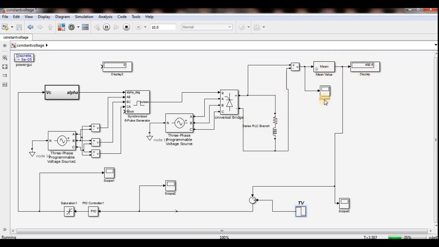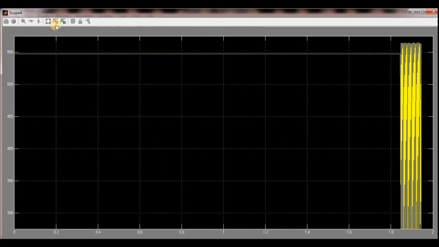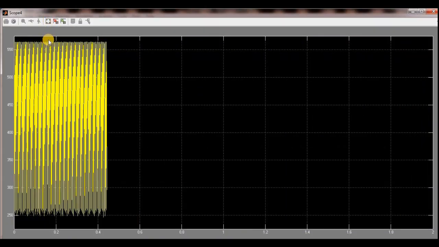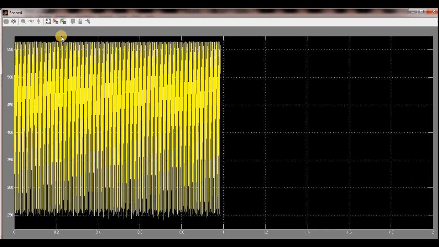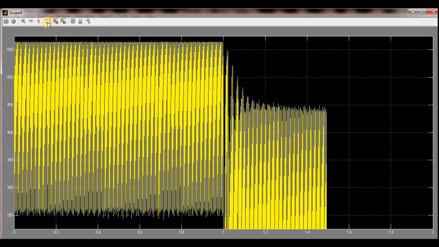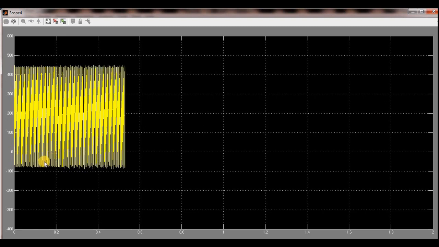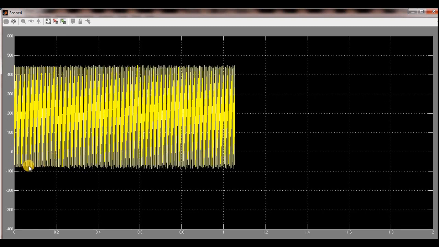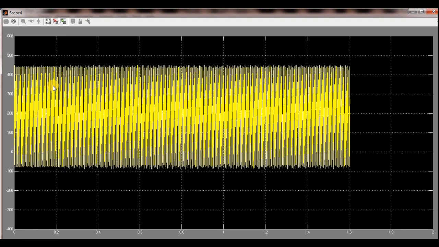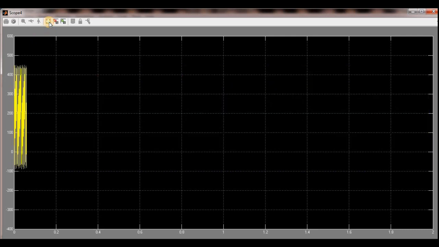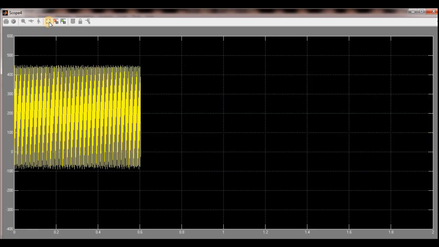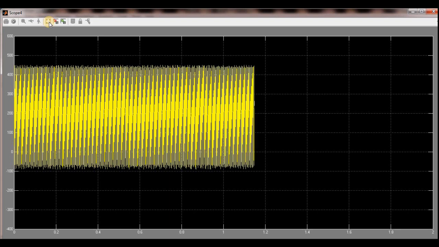Whatever pulsating DC we are giving is not good for any load, because sometimes the voltage is more than 500, sometimes it is very less, like -100.